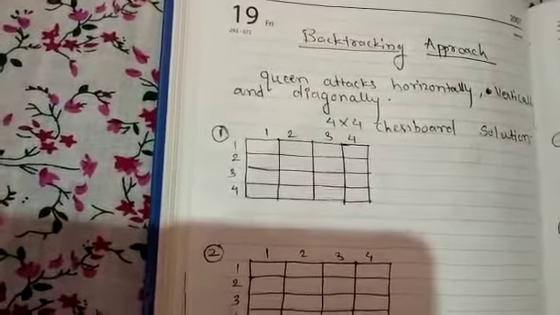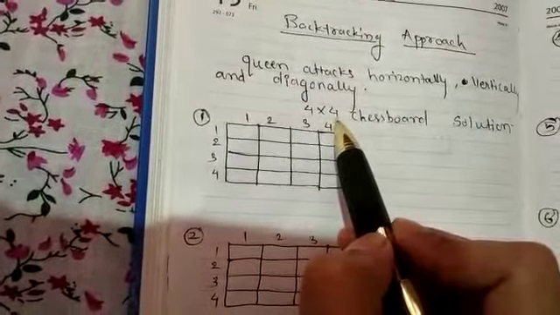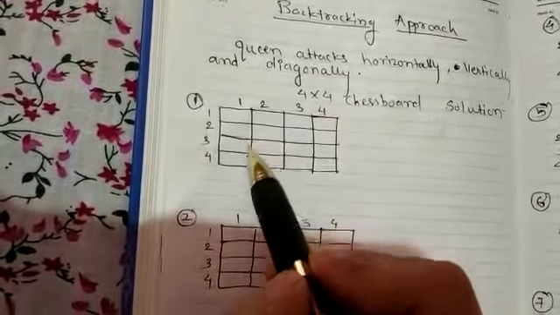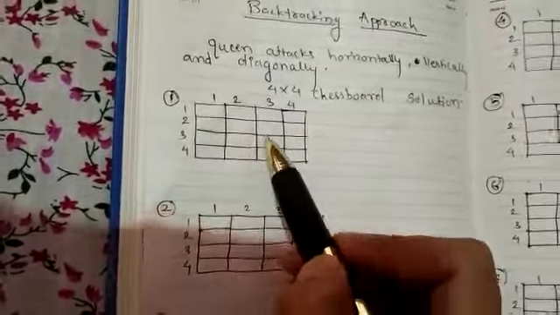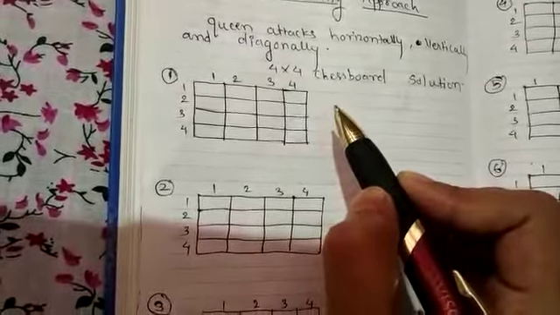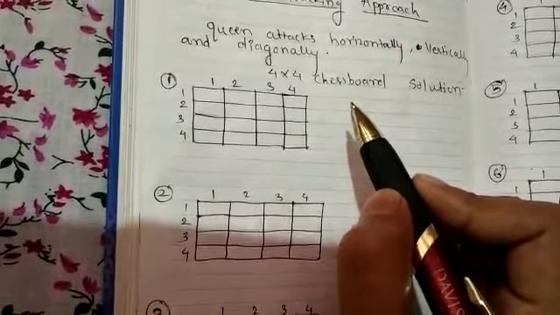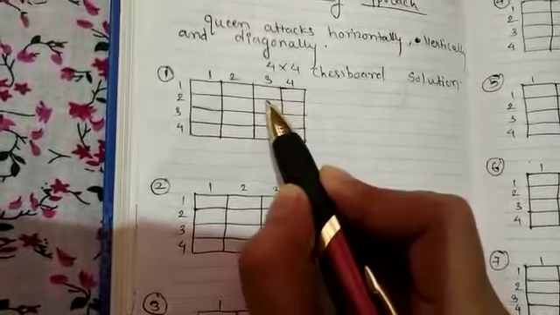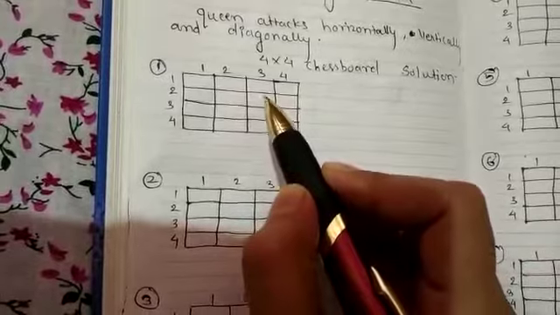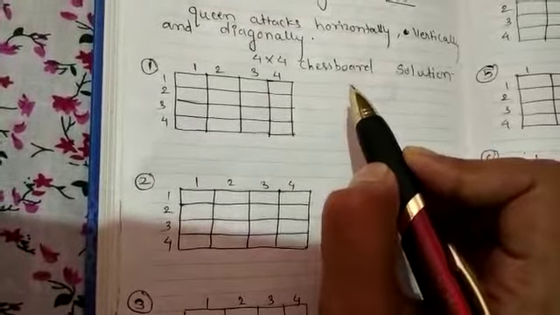So here we have considered a 4 cross 4 chessboard and we are going to place 4 queens on this chessboard. Here we have to consider one constraint: we are going to place the 4 queens in such a way that each row will have one queen.